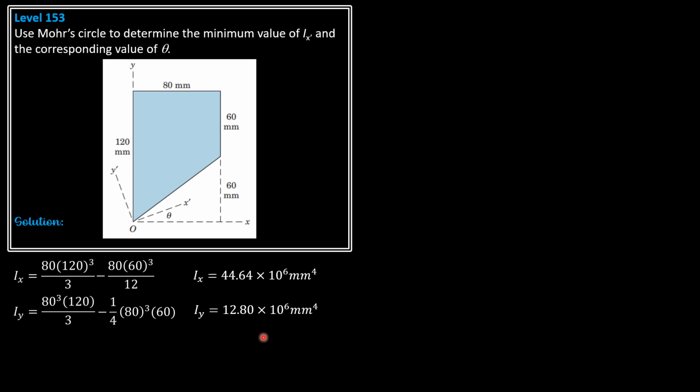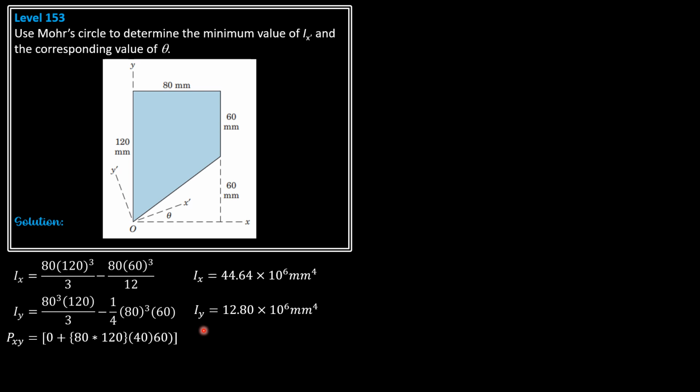Then the product of inertia of the rectangle with respect to the centroid is 0, plus area 80 by 120, x-bar 40, y-bar 60. So the product of inertia with respect to the xy axis is 0, plus area 80 by 120, x-bar is 40, y-bar is 60.